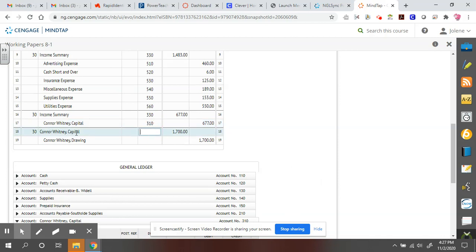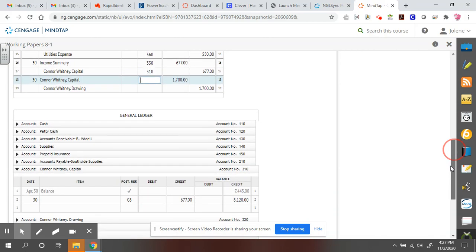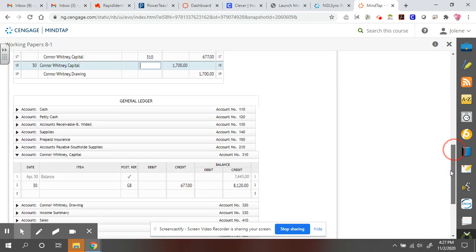Now we have capital again, but this time it's in the debit column because now we're closing out the drawing. And remember, drawing is when the owner takes the money out of the business to use for their own personal use, for whatever reason they want to use it.